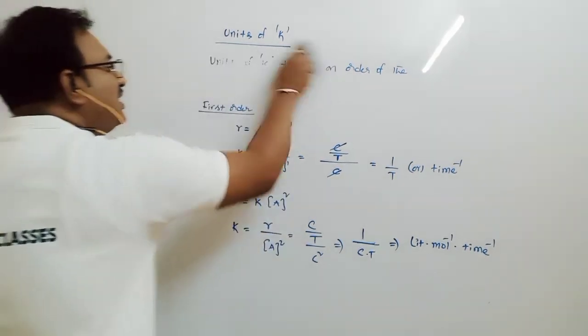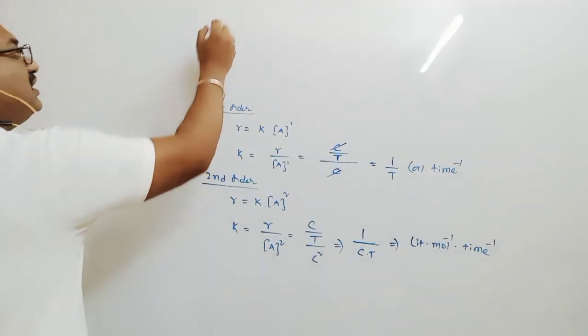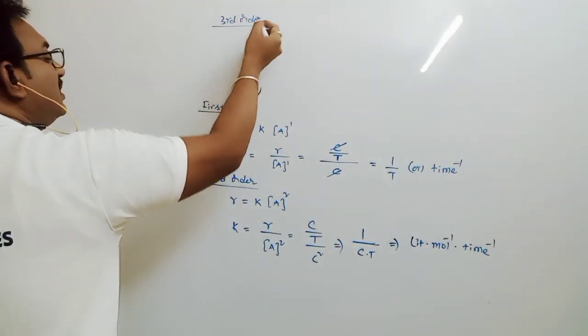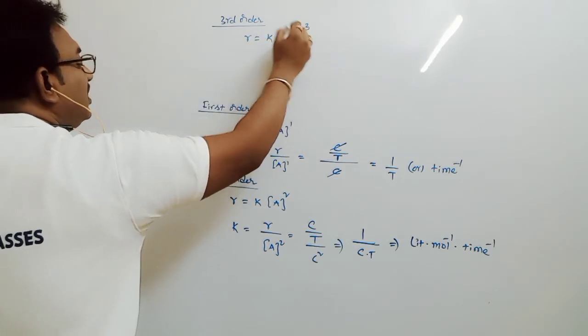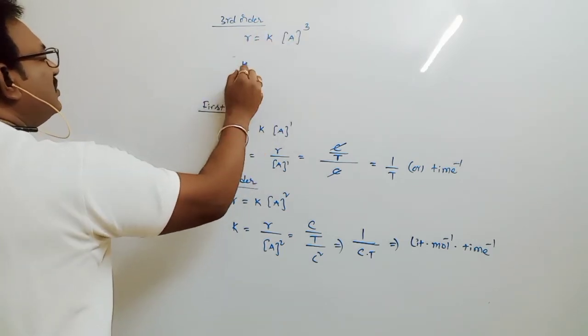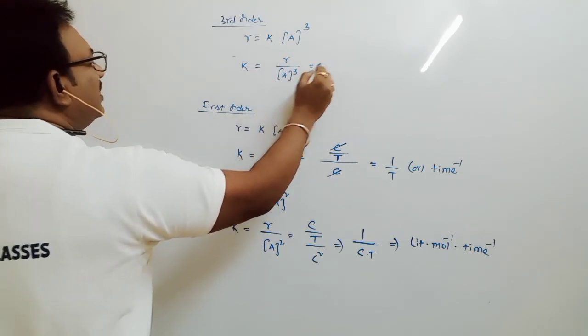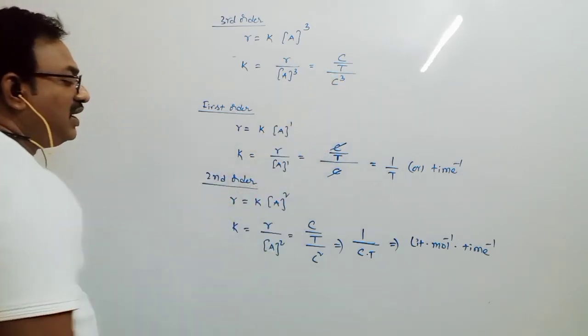Next, how can we find it for third order? For third order equations, what will be the units of rate constant? R is equal to K into concentration of A power 3. Then K is equal to R by concentration of A power 3. So C by T by C cube, right?